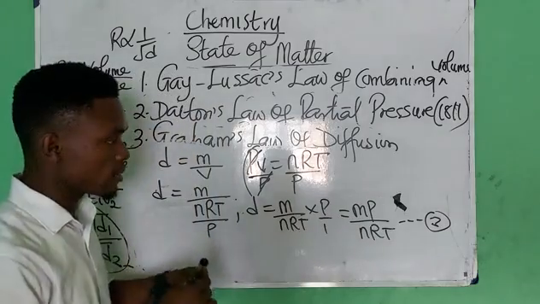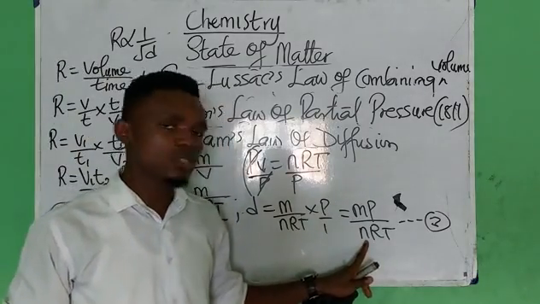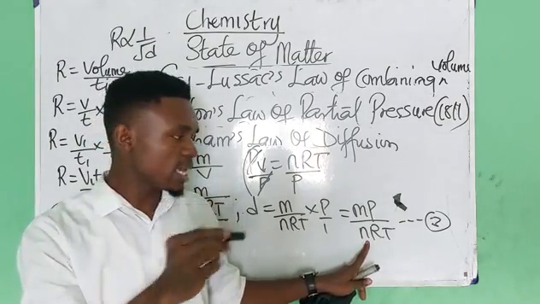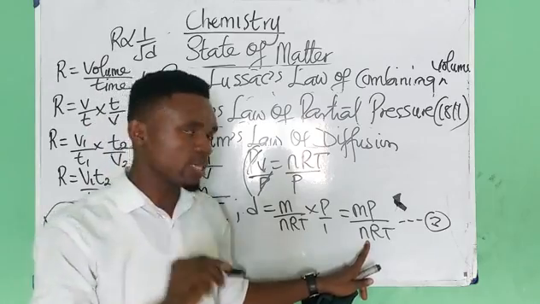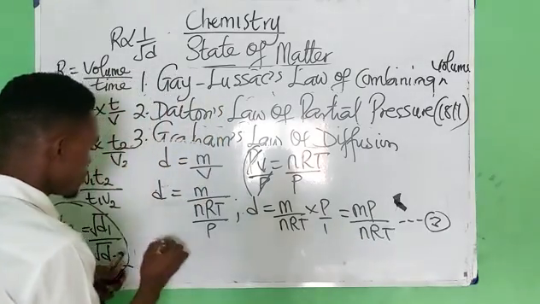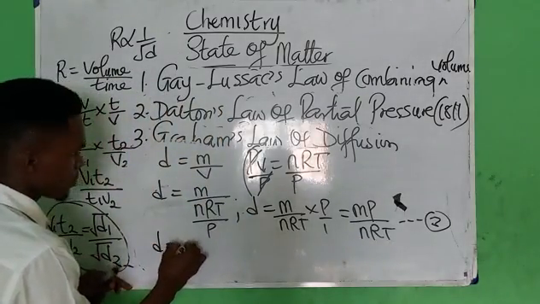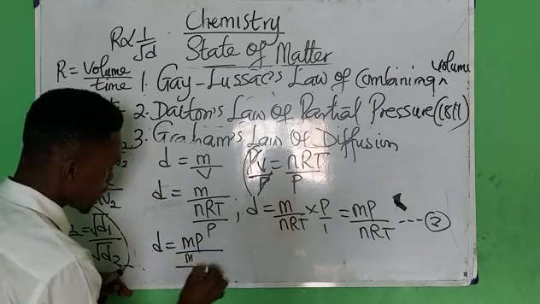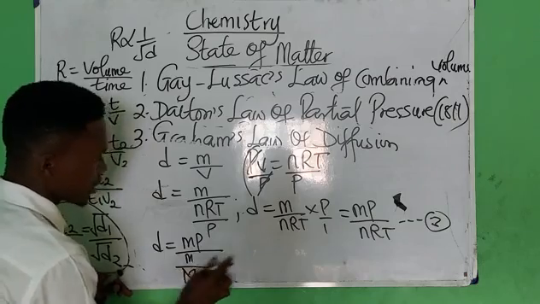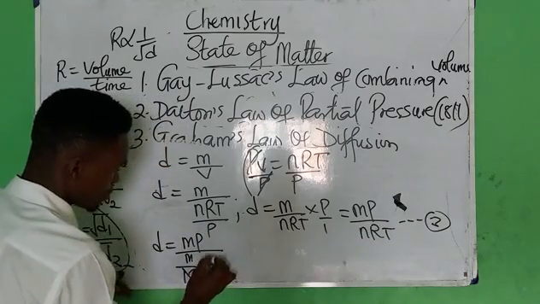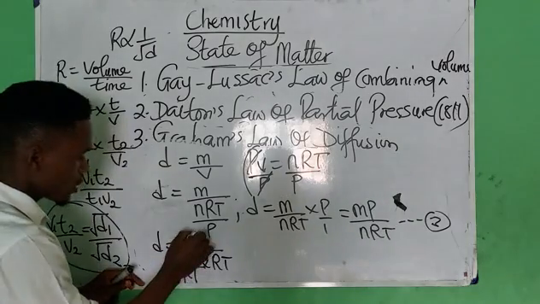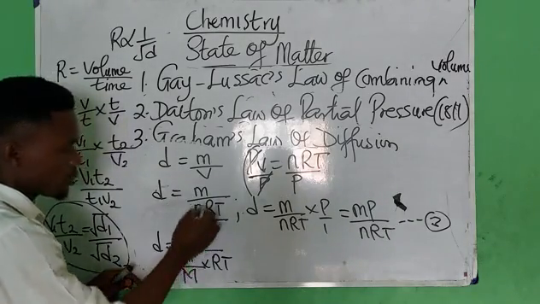You also agree with me that n, which means number of moles, is given as mass, small letter m, over molar mass, big letter M. Which means that density is equal to mP over m over big M times RT. This small m will cancel out this small m.